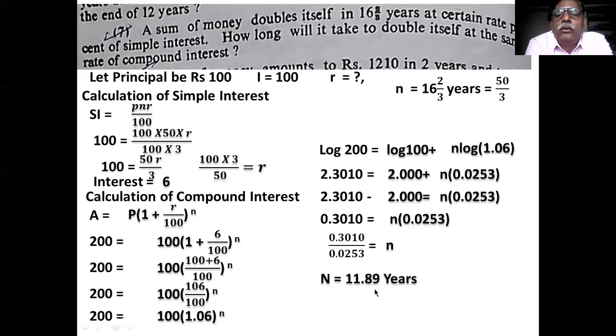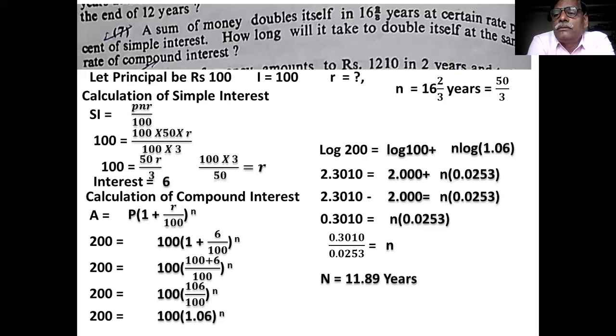So your answer is nearly 11.89. You may take 11.90 years as the N value. Okay. My answers may be a little bit different because I am an old man. So if there are any changes, you tell me with your own solution.